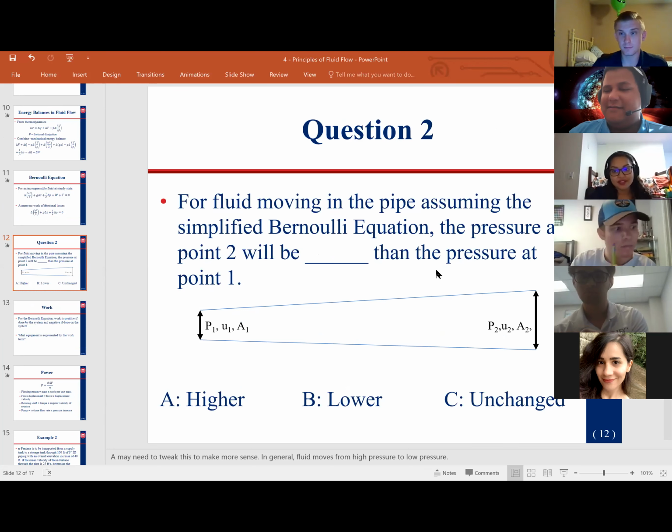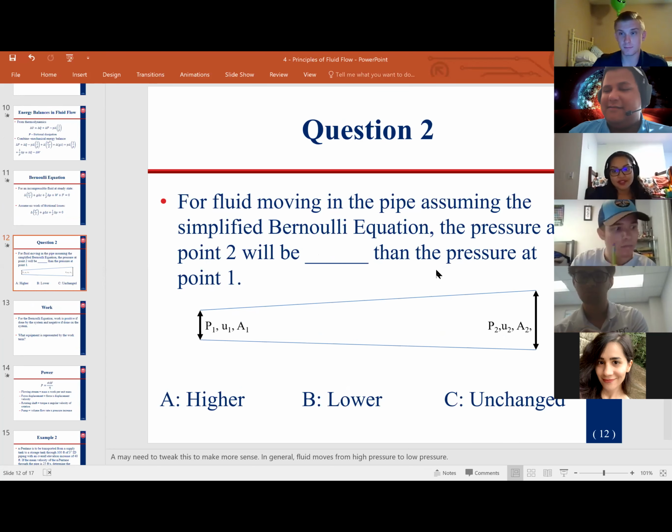So what we're assuming is that volumetric flow rate remains the same, and that it was a Newtonian fluid, so we assumed that rho was unchanged and made it equal 1 in the Bernoulli equation.